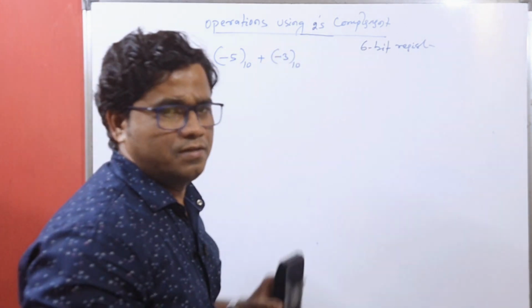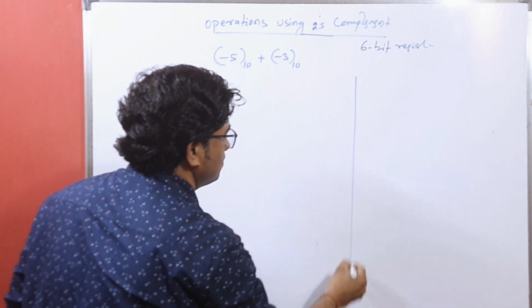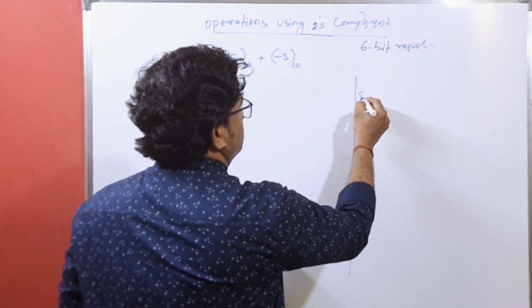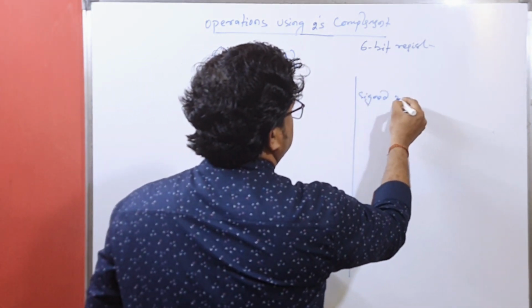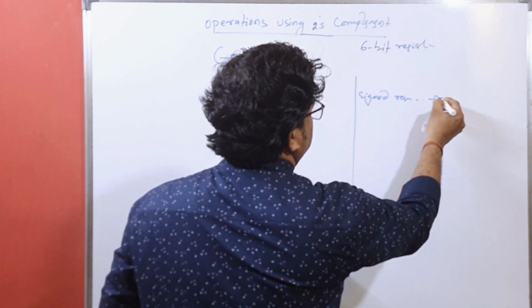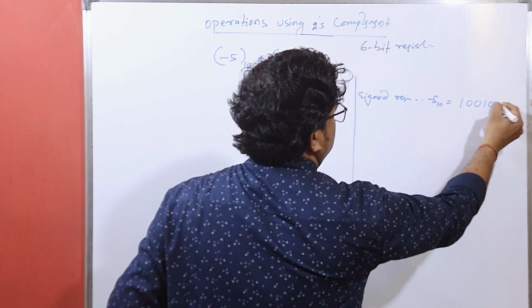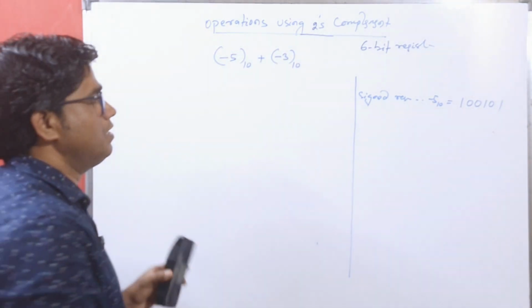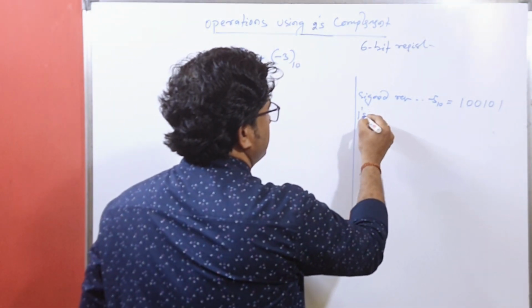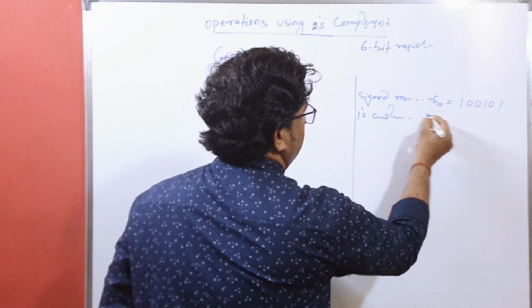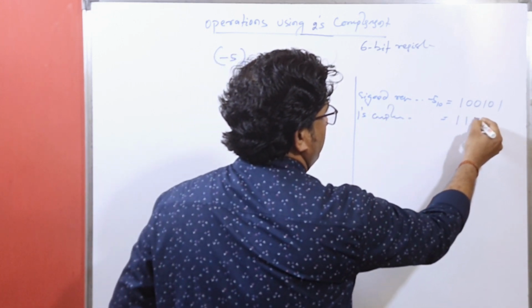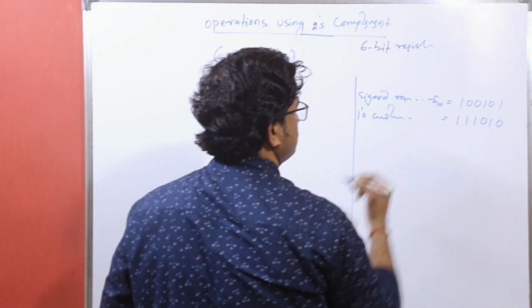And the same register you have to use. So that is the sign representation of minus 5 base 10 equal to 1 0 0 1 0 1. Okay, I have already calculated it. And then the 1's complement of minus 5 equals 1 1 1 0 1 0.